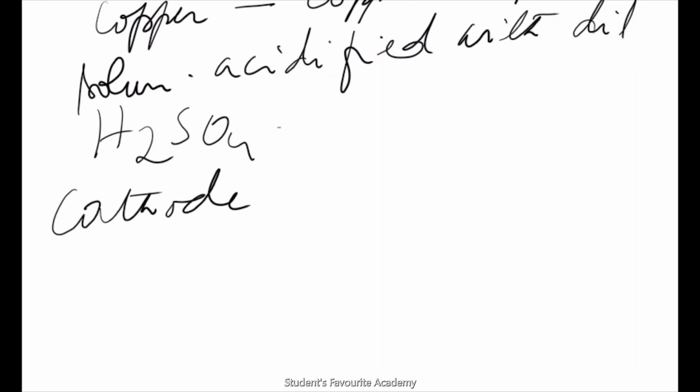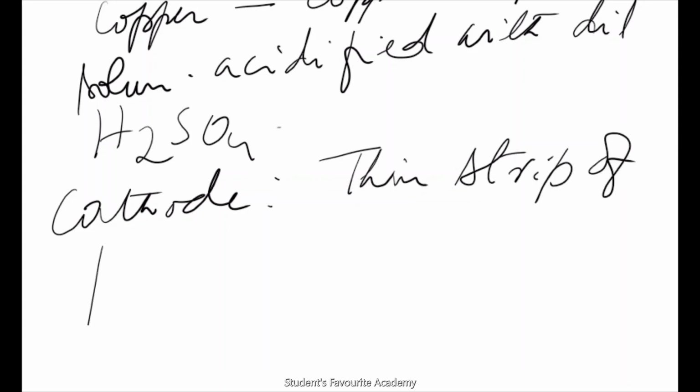The cathode will be a thin strip of pure copper, because on this the copper ions from the impure metal come and get deposited.